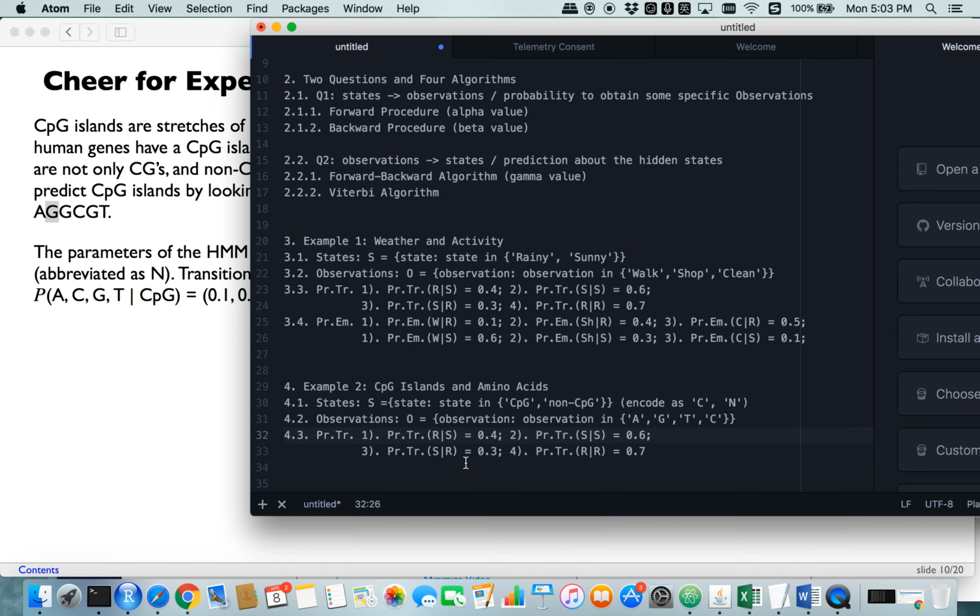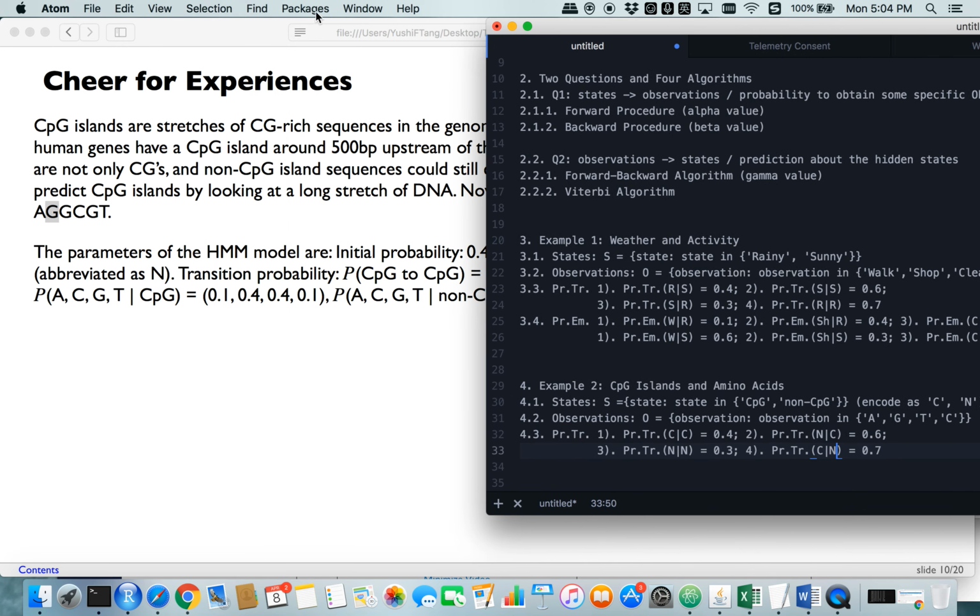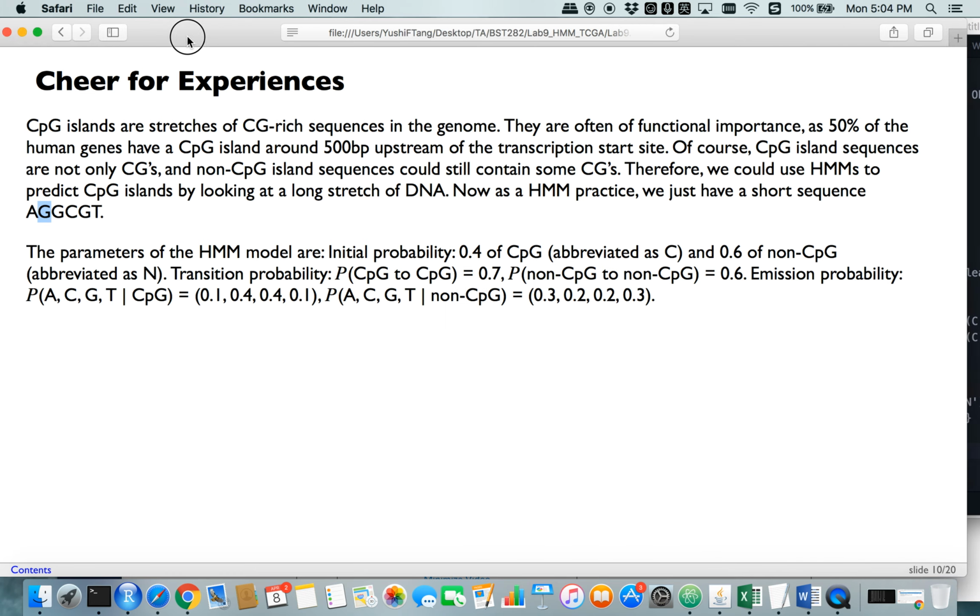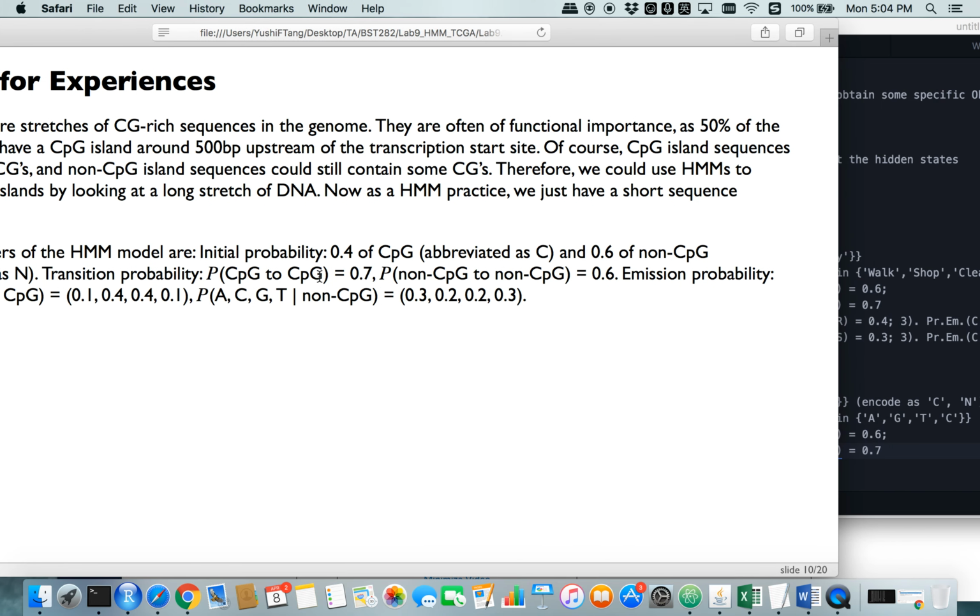the transition probability is between the CPG island or the non-CPG island and the CPG island, and also the non-CPG island and the alternative one. Alright, so if we go back to this question, the transition probability between CPG island and CPG island means that given that the first loci is within a CPG island, the probability that the second loci is also in a CPG island is 0.7.